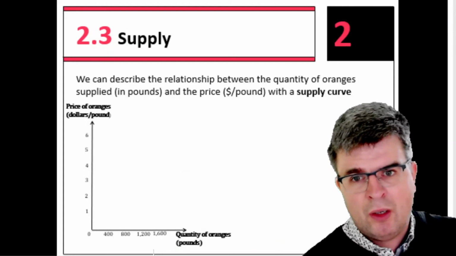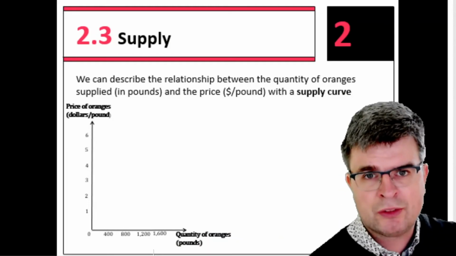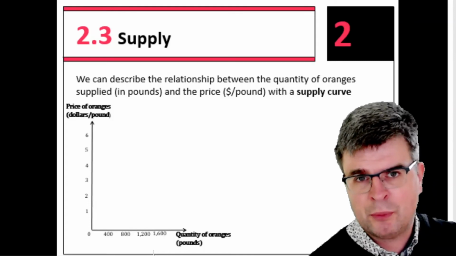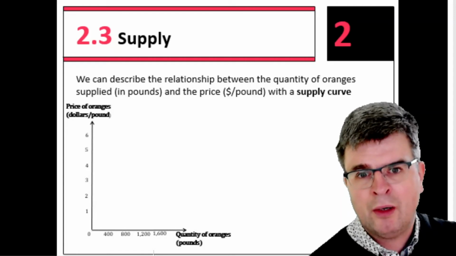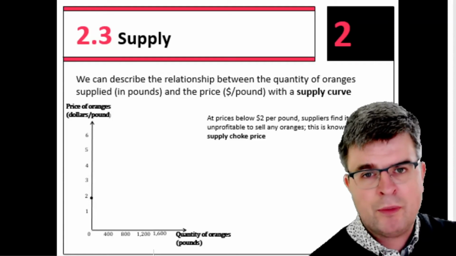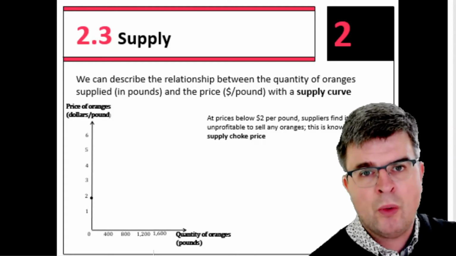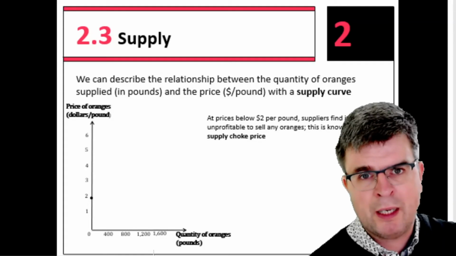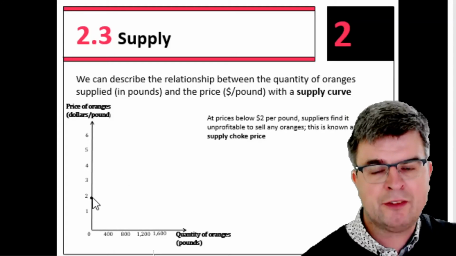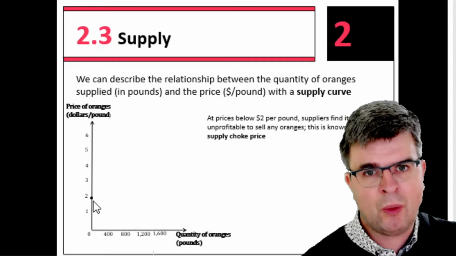Now, the supply function can also be depicted in a graph where we keep, again, all other things constant. We only change the price, and we draw the supply curve by asking the question, what will be the supply of a good, in this case oranges, at a given price? So if the price of oranges is $2 per pound, then no producer finds it attractive to supply any oranges to the market, and we have this intersection with the y-axis, and the $2 is called the supply choke price because it kills all the supply.